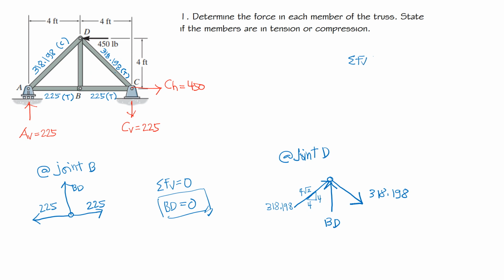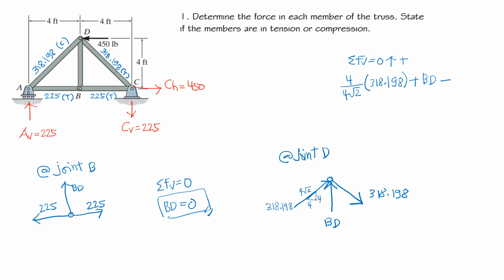Summation of forces vertical is equal to 0, setting going up as positive. So considering this force, that now becomes 4 over 4 square root of 2 multiplied by 318.198 plus, so positive because BD is our assumption is it's going up, so that becomes plus BD, and then for this force, this is going down, so this becomes negative, so that becomes minus vertical component.